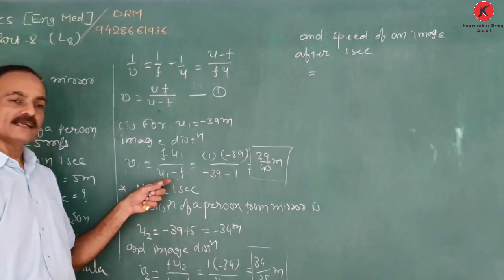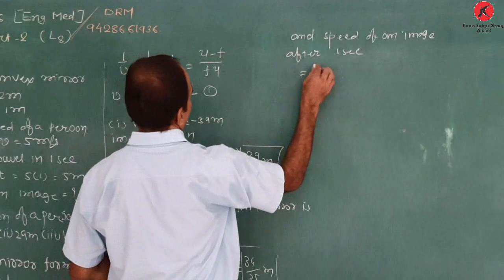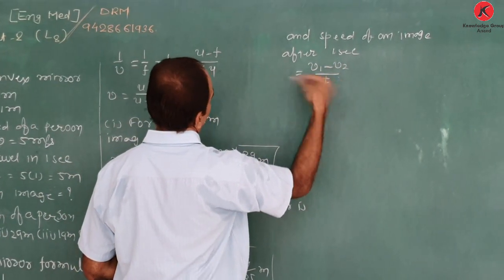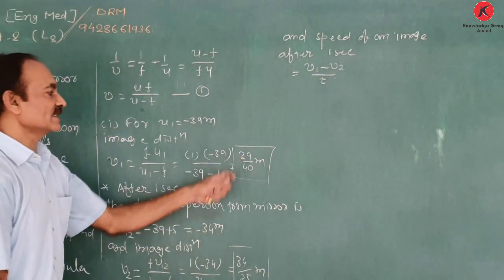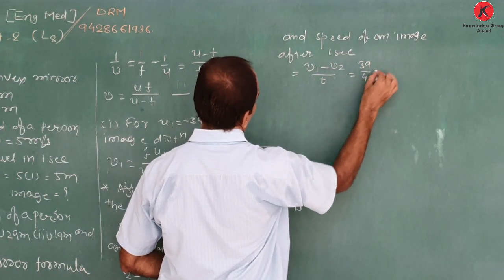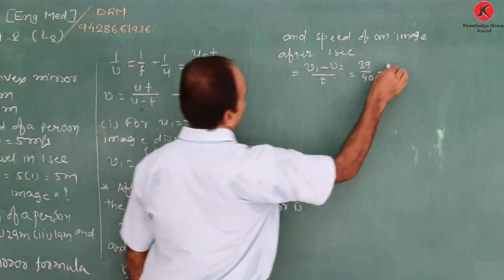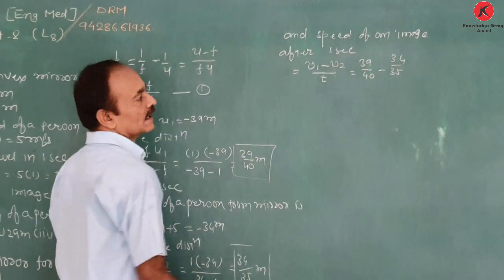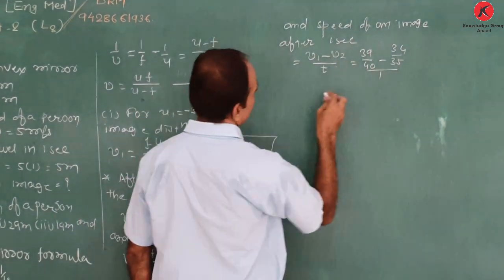So the initial image distance v1 is 39 by 40, minus v2, 34 by 35, upon the total time interval of 1 second.